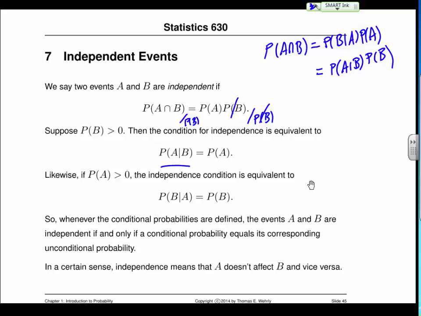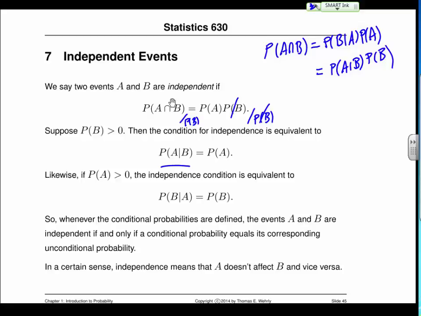So in a certain sense, independence means that A does not affect B and vice versa. Okay, now, if you have A and B defined through some experiment, you have to check for independence using the way that A and B are defined.